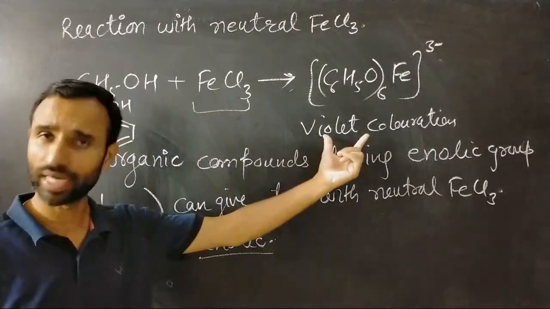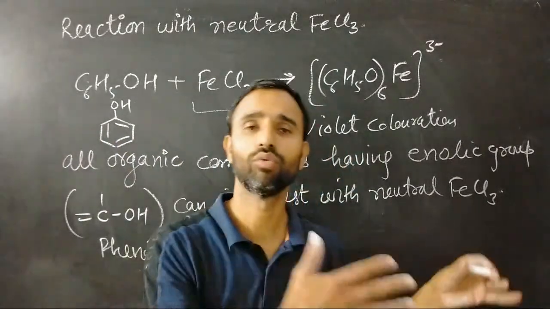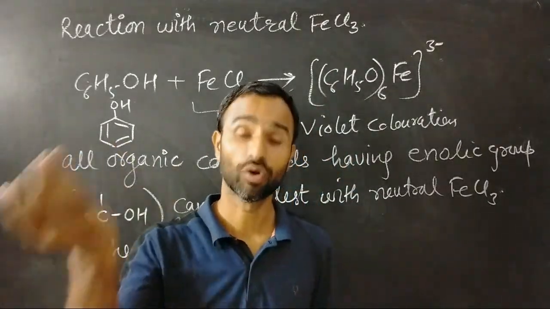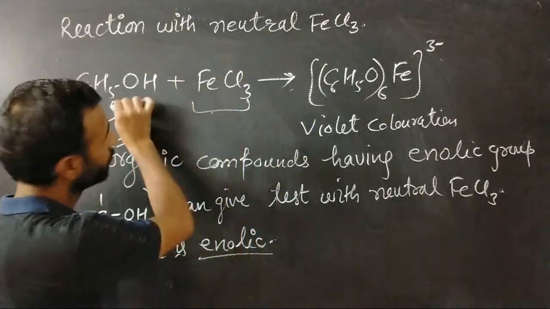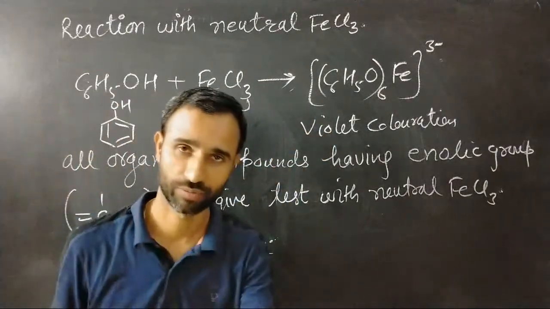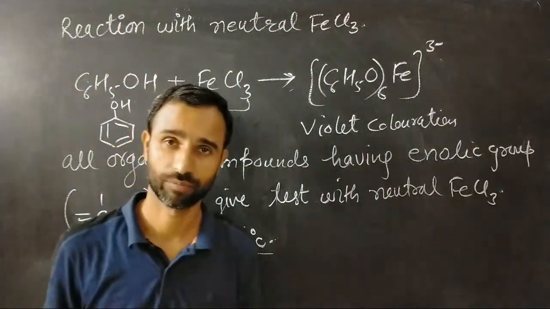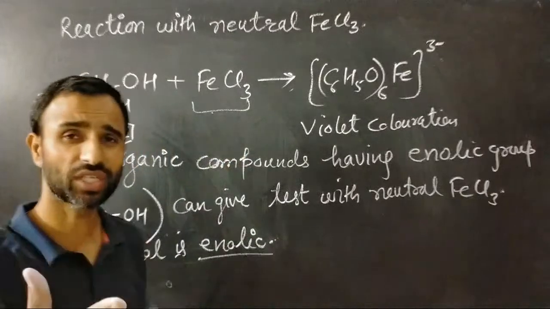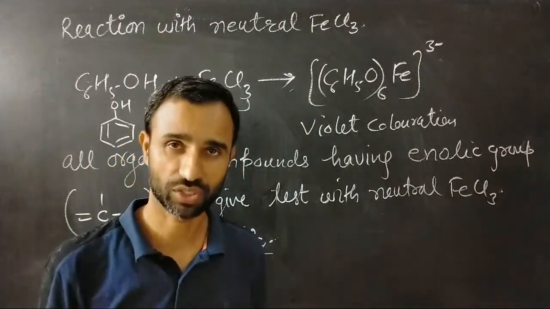Not violet only. There are various colors, violet to blue, green, or even red. But with phenol, it gives violet coloration, so it is a test for phenol. Keep in mind, with acetic acid, a carboxylic acid, it gives buff colored precipitates.